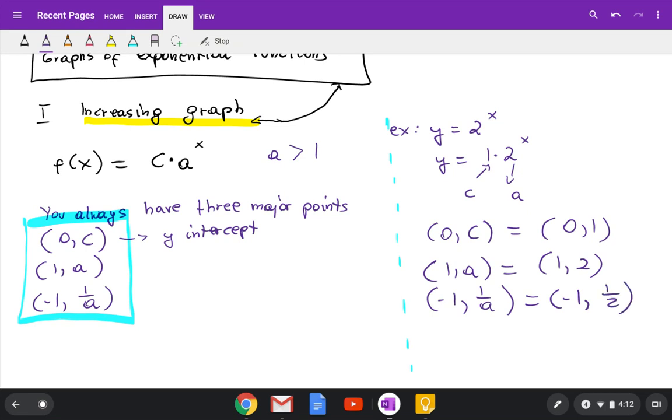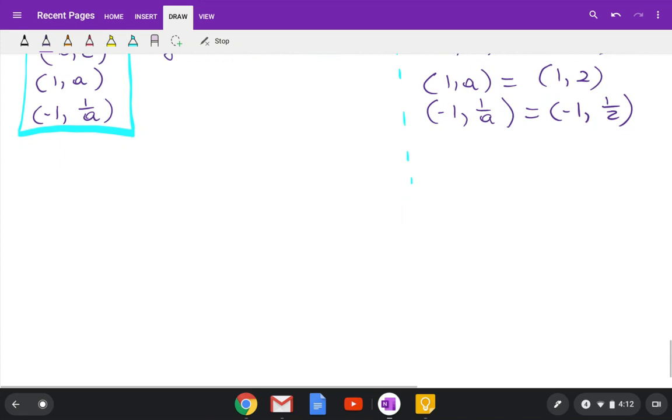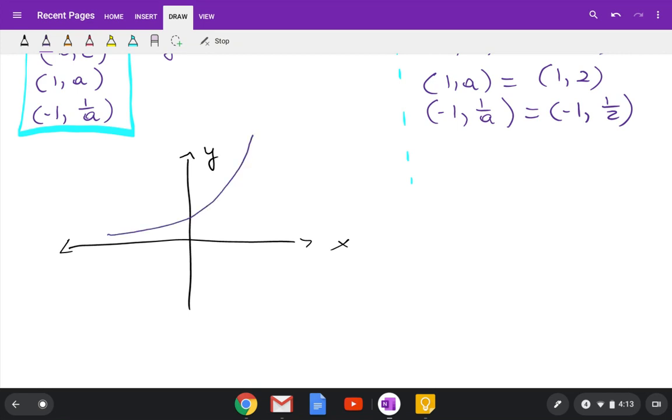And you quickly have 3 points, and you can sketch the graph. So this is how the increasing function looks like. At the beginning it increases slowly, and then it increases fast right after crossing the y-intercept. So this is that point 0, comma c.